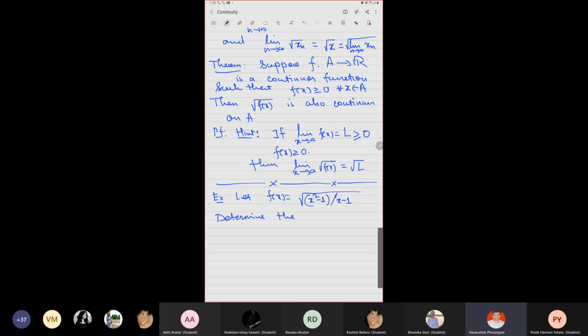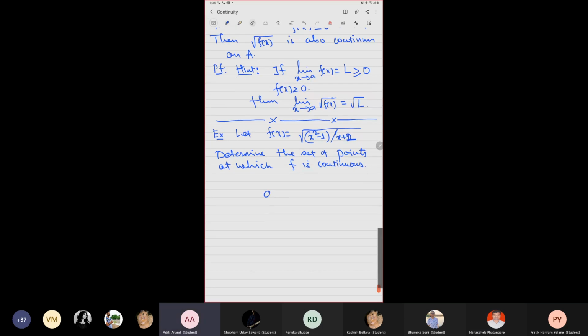Determine the set of points at which f is continuous. Is the question clear? Yes, sir. Okay, let us call this function g, and determine the set of points at which g is continuous. How will you look at this question?